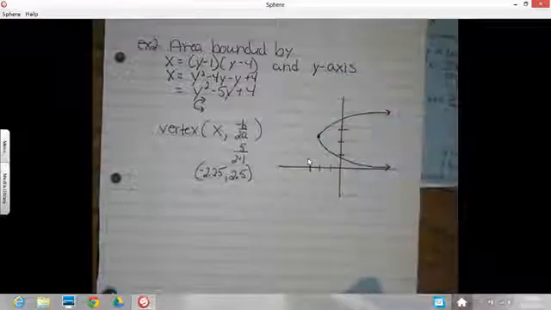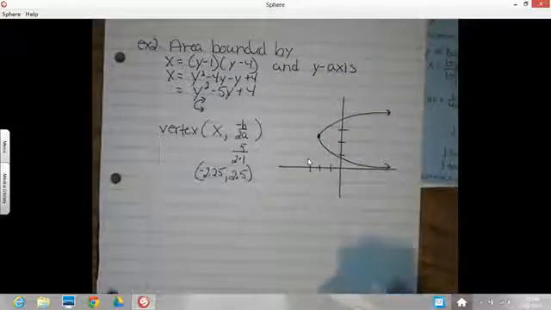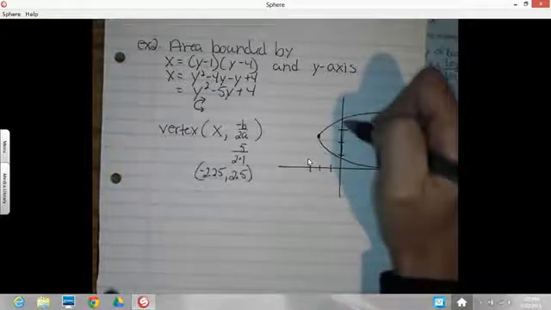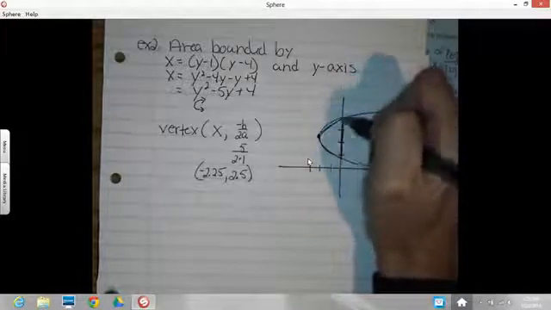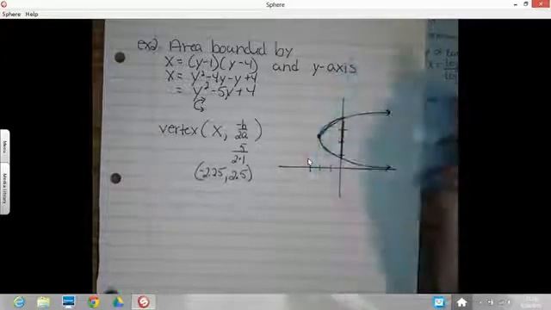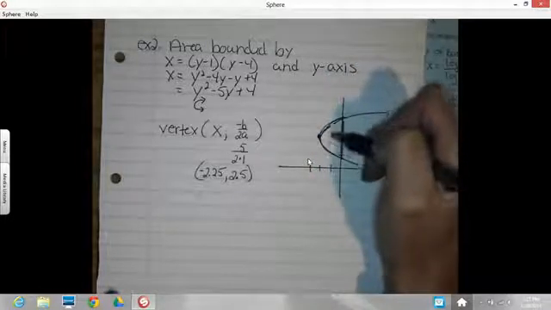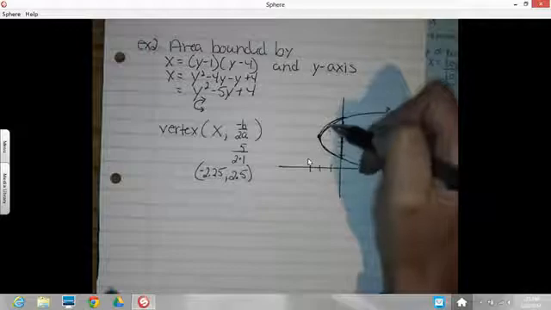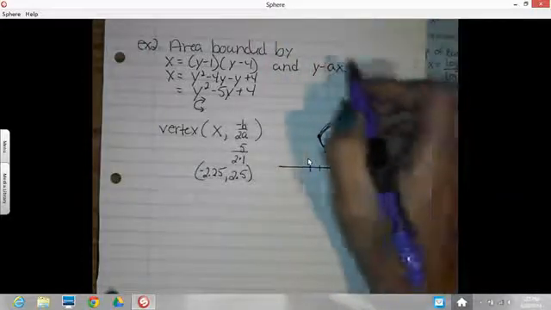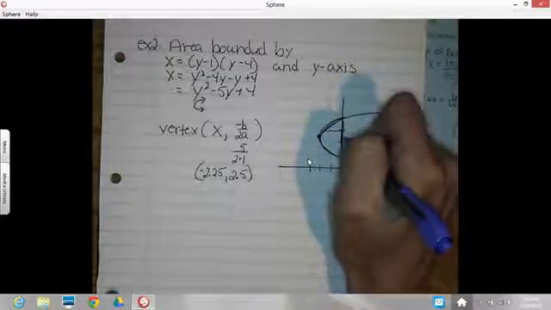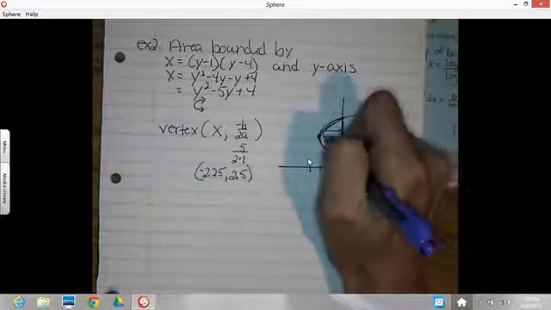So here's my bounded region. Next thing I need to do is draw in my rectangles, and I can definitely see I do not want them in a vertical position. That'll make the parabola touch itself. Don't do that. If I draw them in a horizontal position, I'm good to go. I've got the y-axis on the right and the parabola on the left.